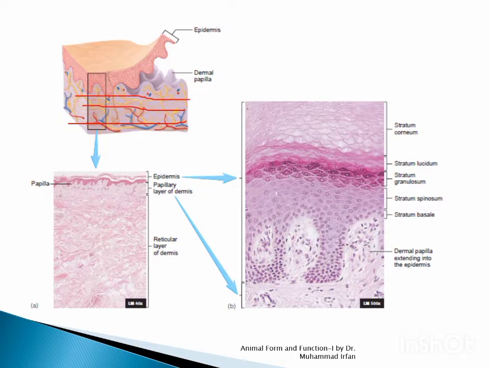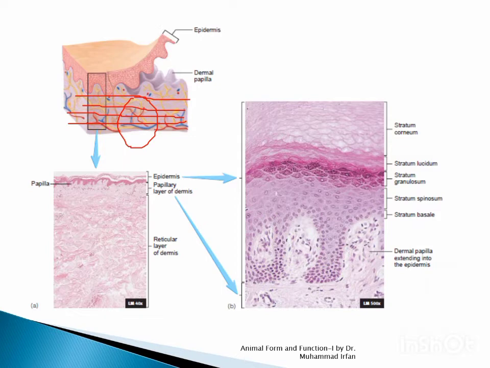It contains blood vessels that supply the overlying epidermis with nutrients, remove waste products, and help regulate body temperature. These papillae are responsible for the production of fingerprints and footprints.